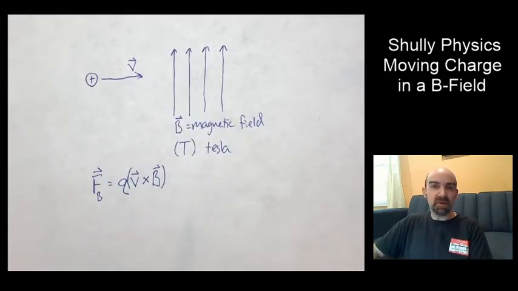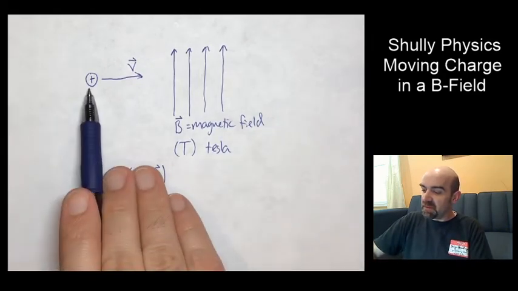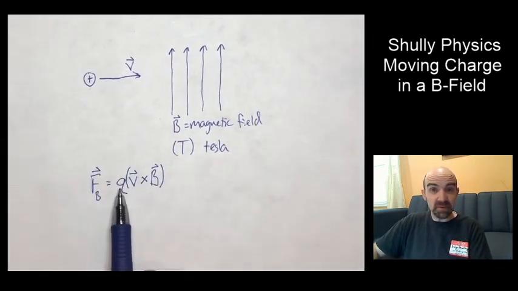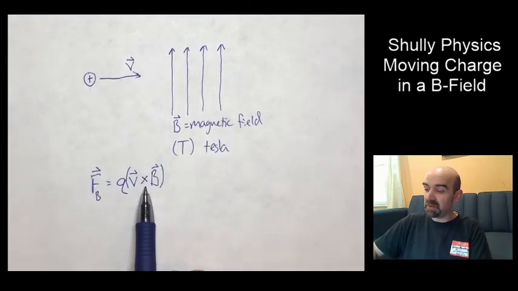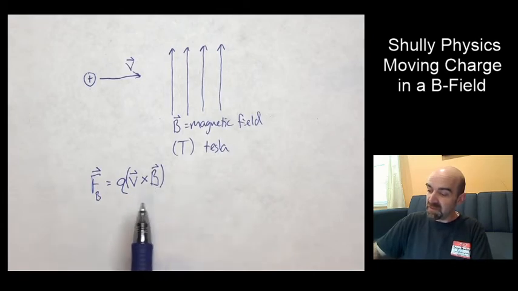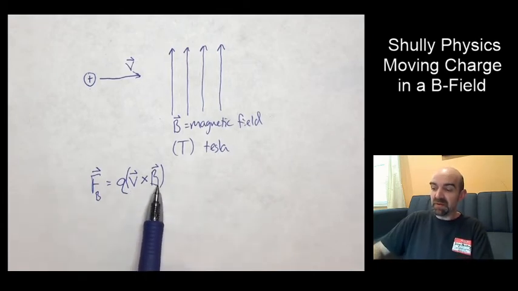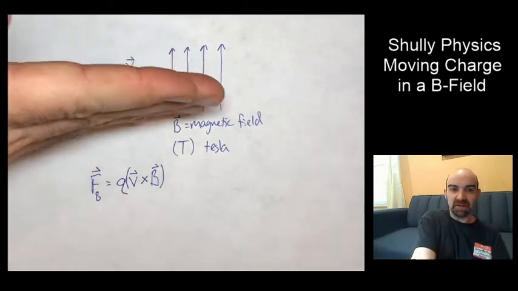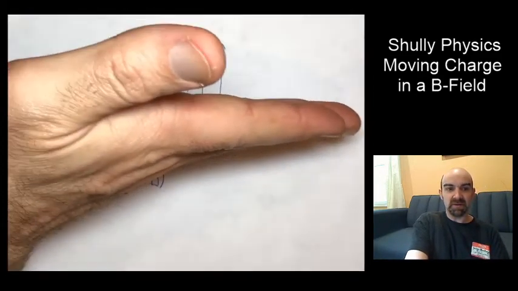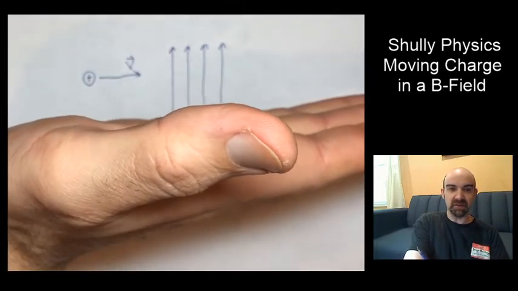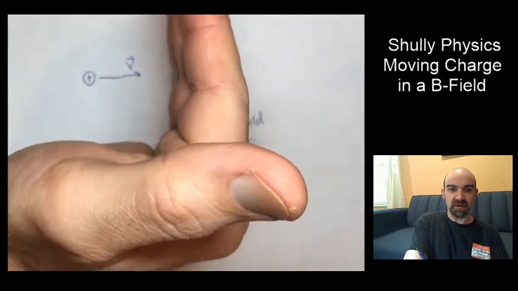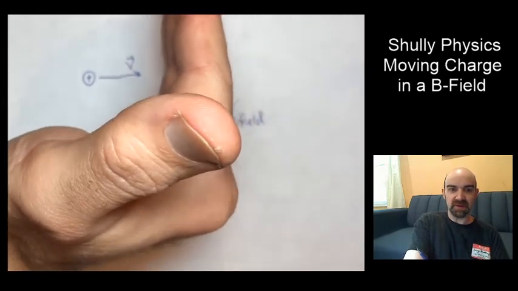Well, because it's V cross B, and I put those in the order that goes along with the fundamental nature of this force, if we have a positive charge, positive Q, traveling in a direction that at least has perpendicular components to the magnetic field, then we take V cross B. Starting with our hand, like in the last lesson, the right hand rule, start with the hand in the direction of the velocity, our palm facing the direction the magnetic field is facing, so that we can rotate our fingers in the direction of that field.